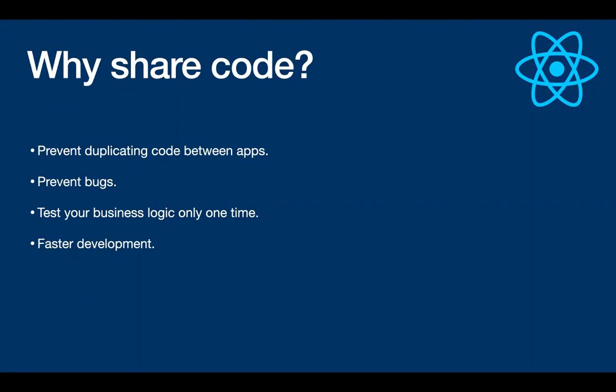We can take advantage of what React and React Native offer us, that the code is written in JavaScript or TypeScript, so we can use exactly the same code between both apps. This will prevent bugs, and if we have bugs, we will fix them only one time in one place, and we don't have to fix them in different repositories and in different ways that may also lead to different results.